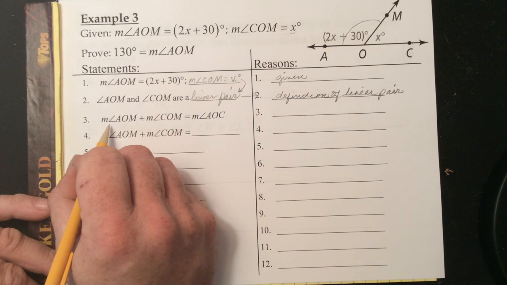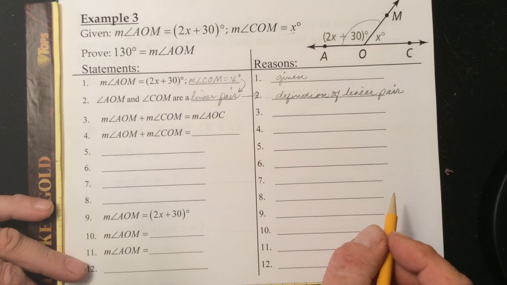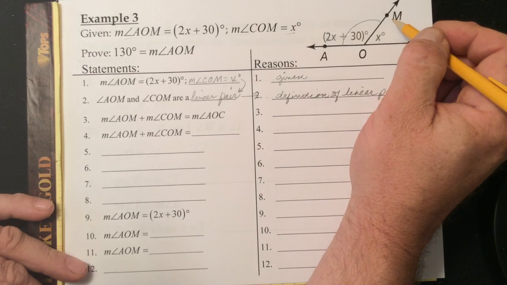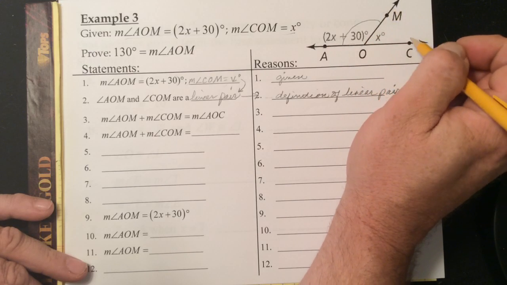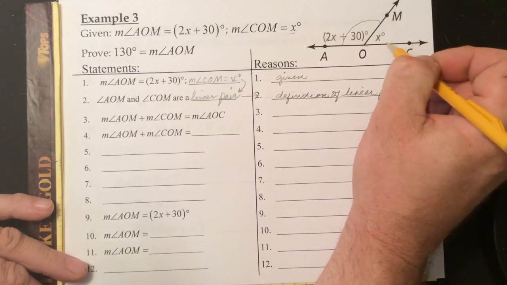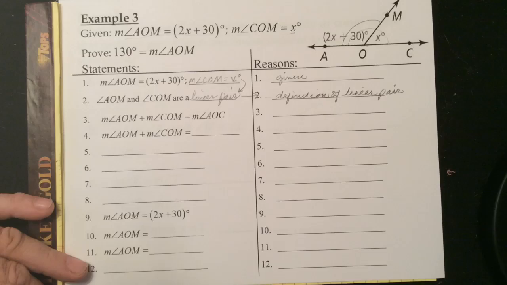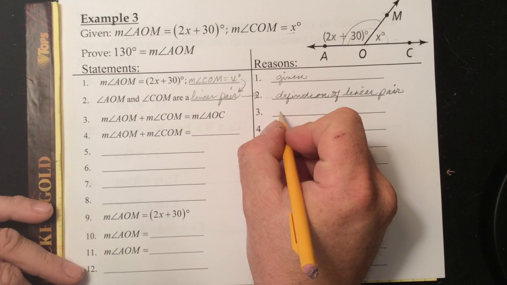Now for statement 3, the measure of angle AOM plus the measure of angle COM equals the measure of angle AOC. Take a look at your diagram, always go back to it. Measure of angle AOM plus the measure of angle COM is equal to the measure of angle AOC, which is the whole thing. Well, is that a definition, postulate, or theorem?